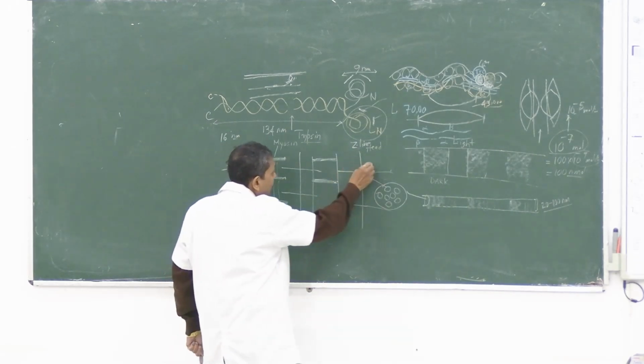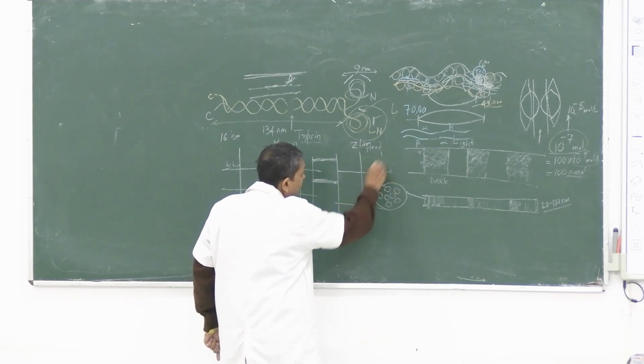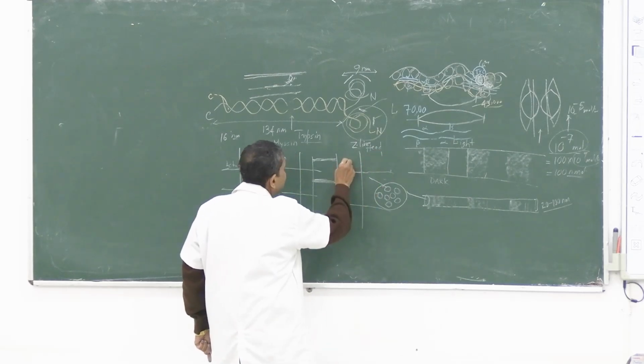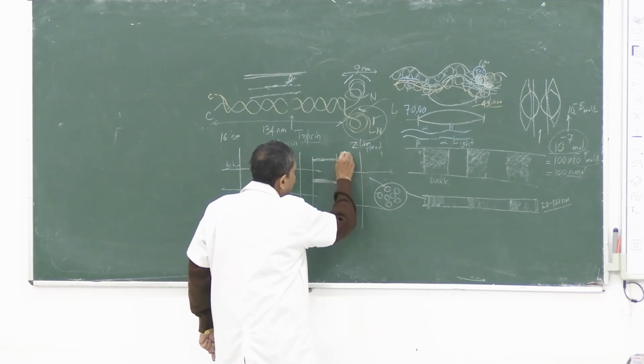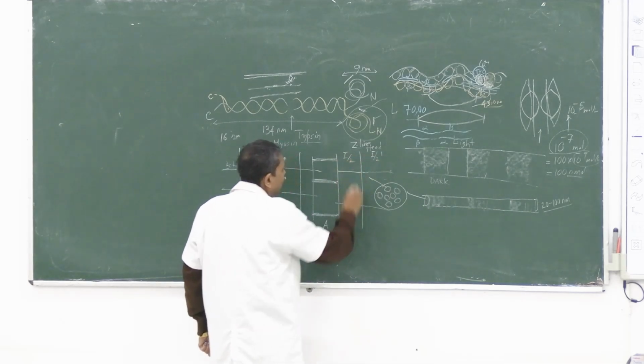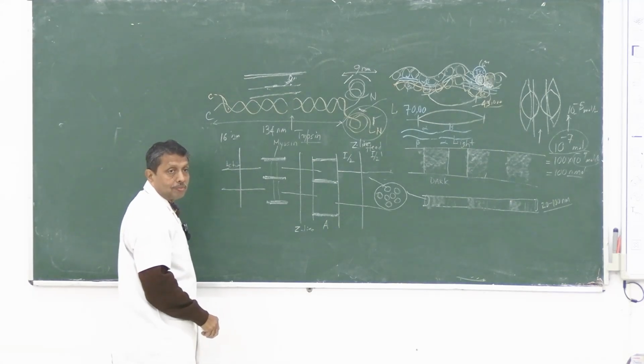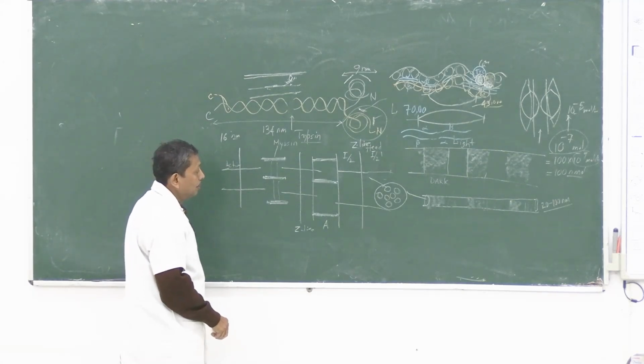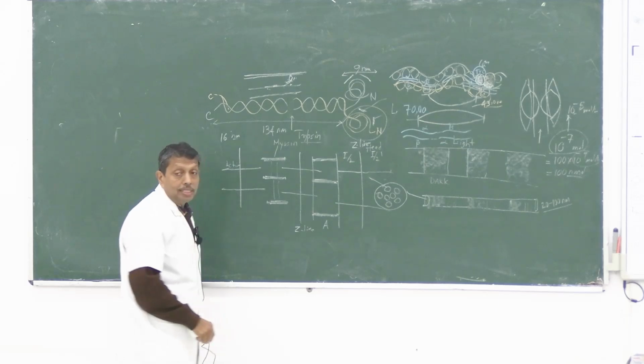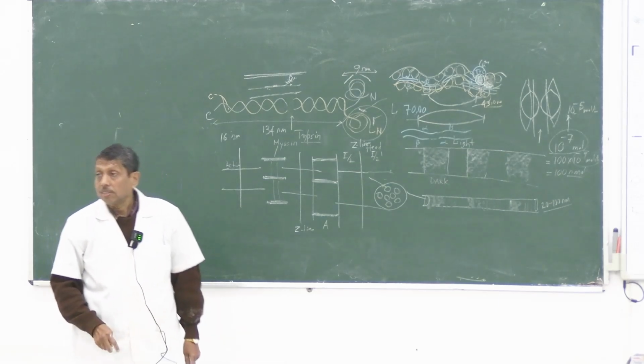And this band on this side and this side is the I band, I by 2 on this side, I by 2. In the relaxed muscle, the I band is the isotropic band, and it is due to differences in refractive indices.